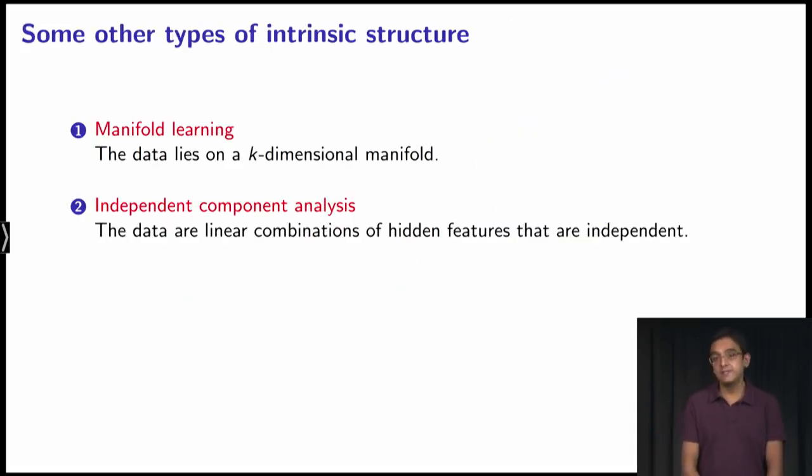Okay, so we've already seen that k-means clustering and PCA fall readily within the autoencoder framework. And in fact, there are all sorts of other types of unsupervised learning that can be expressed easily in this way. Let's just look at a couple of examples: manifold learning and independent component analysis.